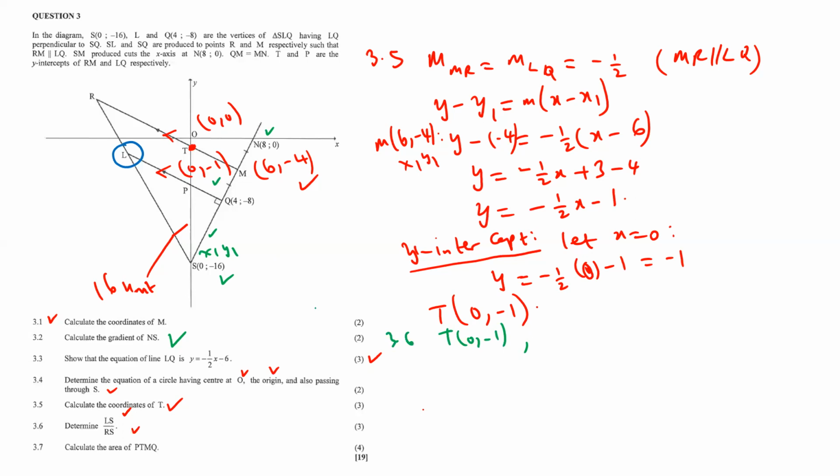What are the coordinates of P? Well, we've already found the equation of LQ, and therefore the coordinates, you just make x 0 here so that you have 0, minus 6. That is P, and then we also have S, 0, minus 16.